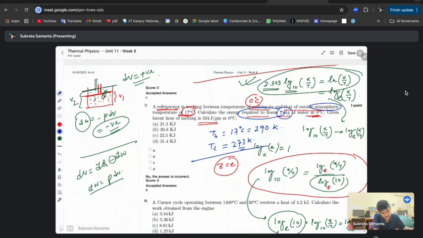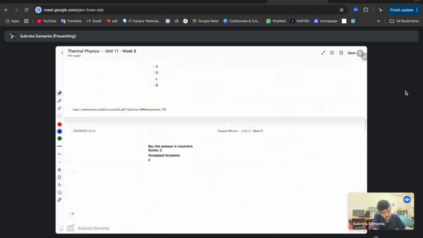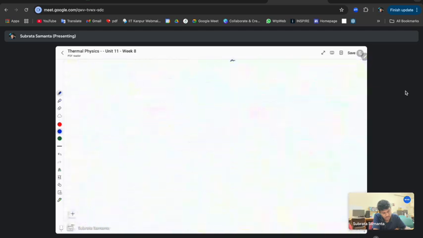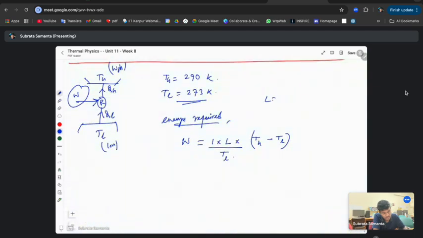So that means TL is 0 degree centigrade. If you calculate the energy required for freezing this, this is basically W. It's latent heat 334 times 10 to the power 3 joule per kg, and then TH minus TL over TL, with TL at 0 degree centigrade, so 273 Kelvin.